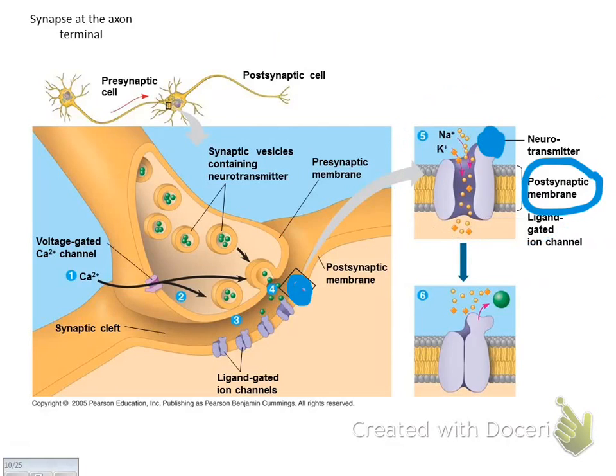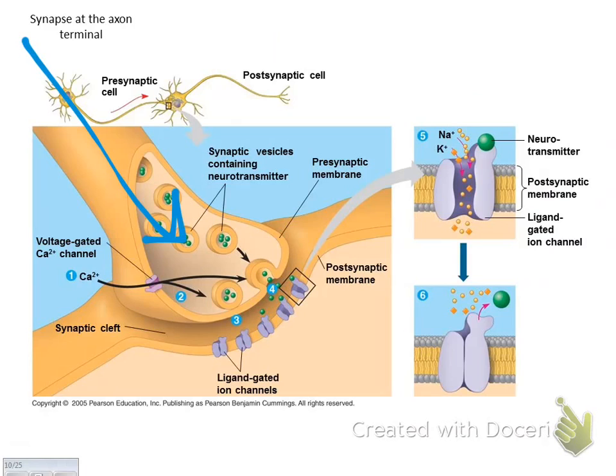Okay, so from the top, listen to me. Everybody watching? The nerve impulse gets to the end of the terminal. When it gets to the end, calcium floods in. So calcium is this pink thing. Calcium floods in, and calcium is going to attach to those vesicles and push them to fuse with the membrane of the presynaptic neuron.